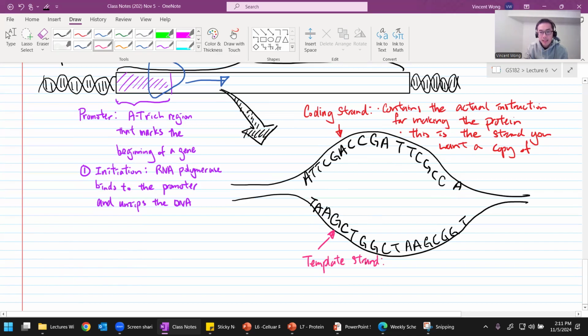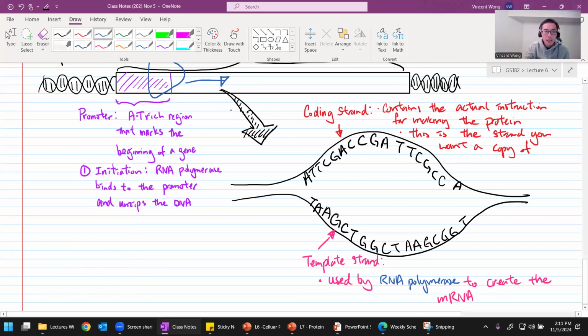Okay, this is the template strand, which is used by RNA polymerase to create the messenger RNA, which is the copy of the coding strand.